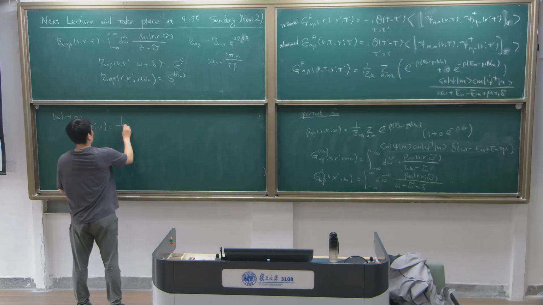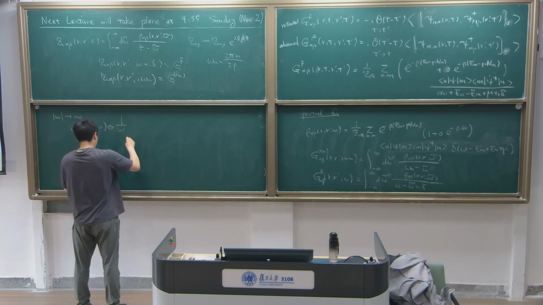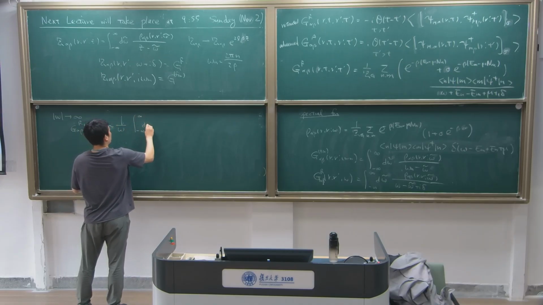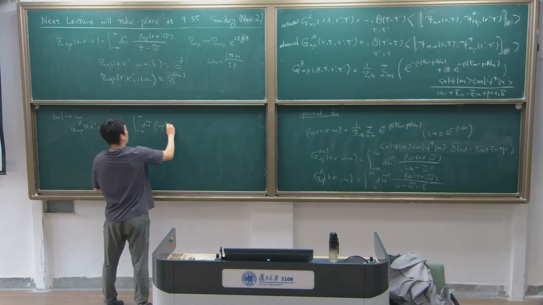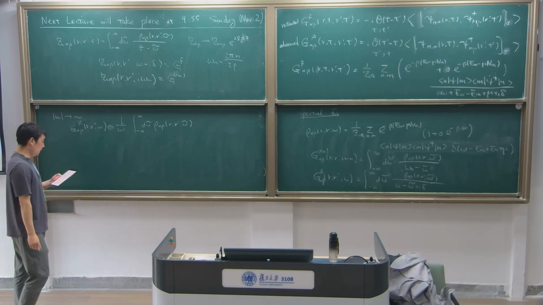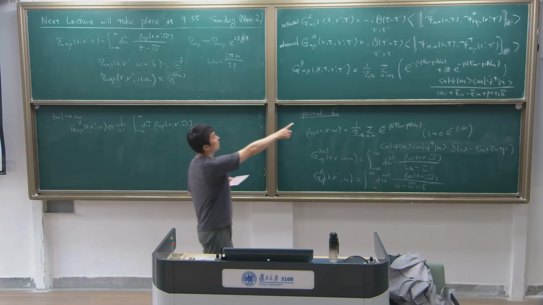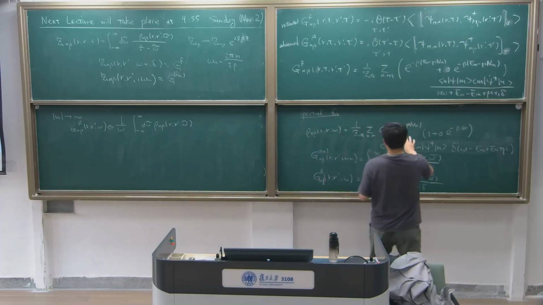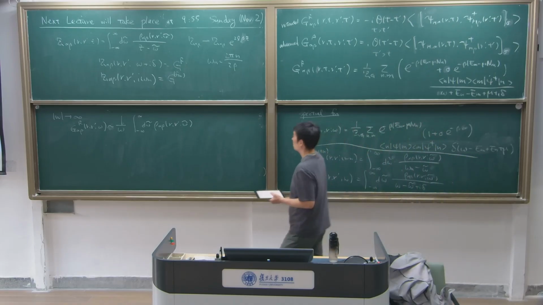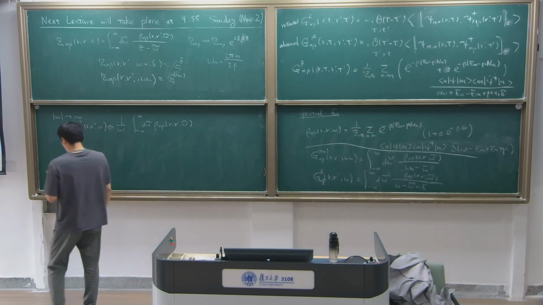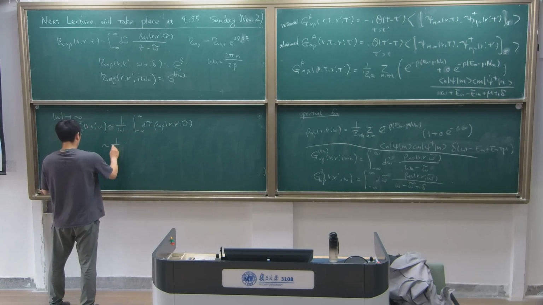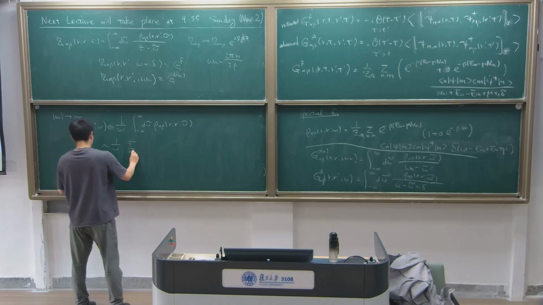Therefore, you can just extract out from the integral 1 over omega, and then the integral from minus infinity to infinity, and plug in the definition of the spectral function, right here. And this is 1 over omega.